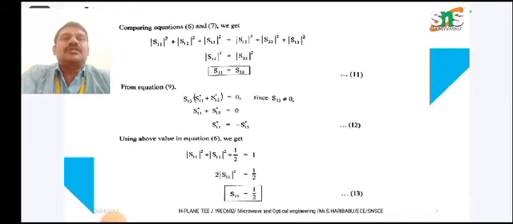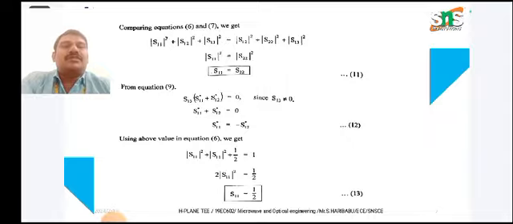Comparing equations 6 and 7, we get S11 is equal to S22. Simply, S11 is equal to S22, that is, input port 1 and output port 1, input port 2 and output port also 2. From equation 9, we get the condition S11 is equal to minus S12.